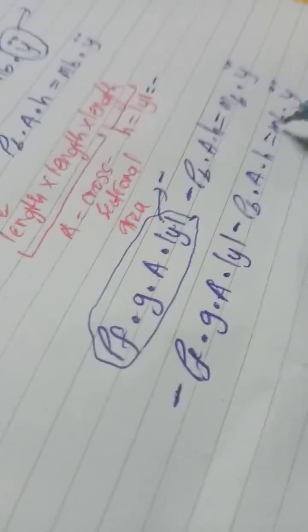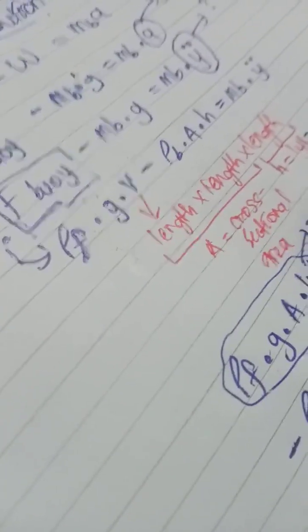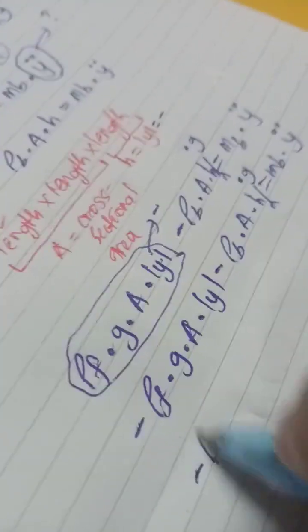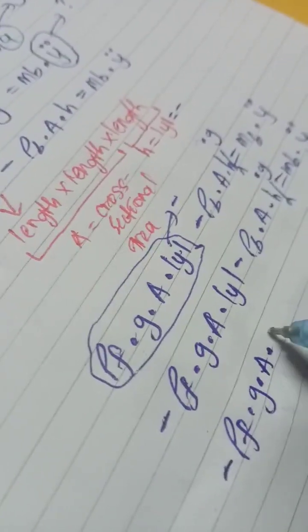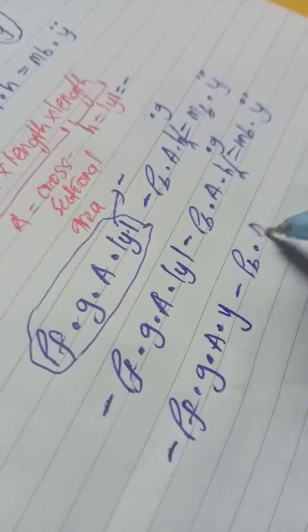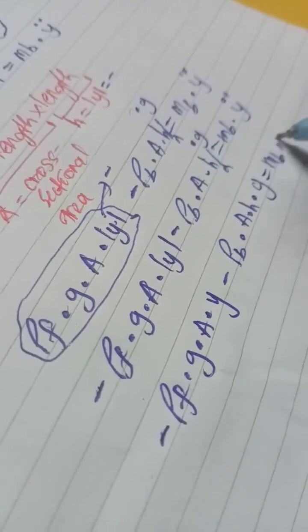And m_b we break down again as rho_B times A times H, and this is times g. Then again, rho_F times g times A times y minus rho_B times A times H times g equals m_b times y double dot.